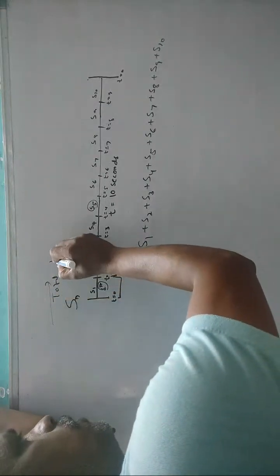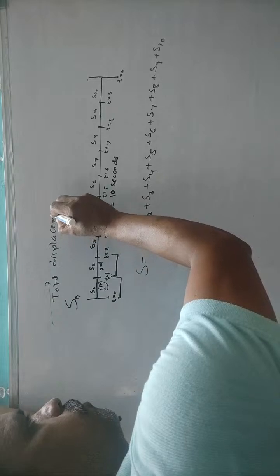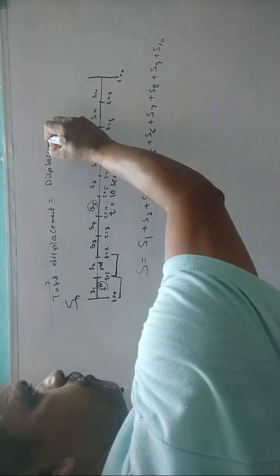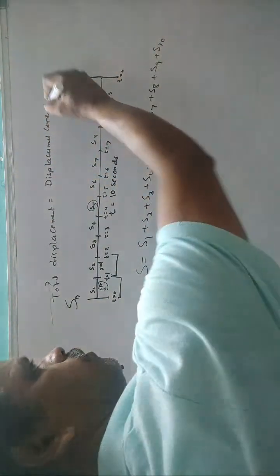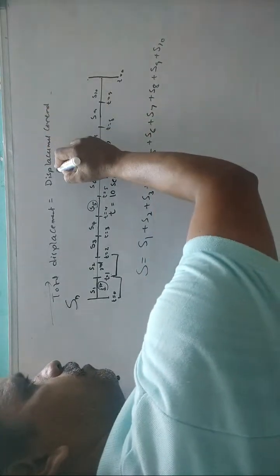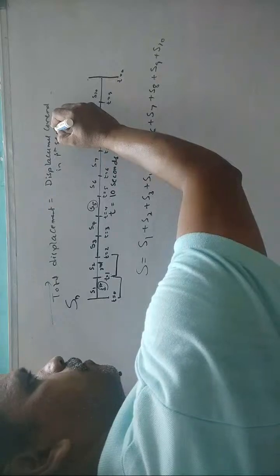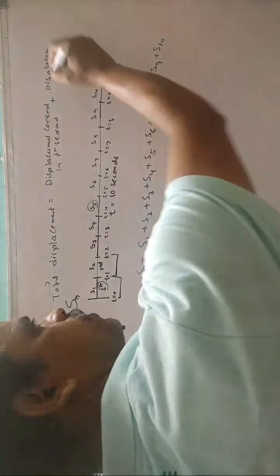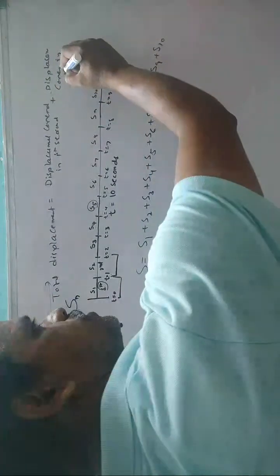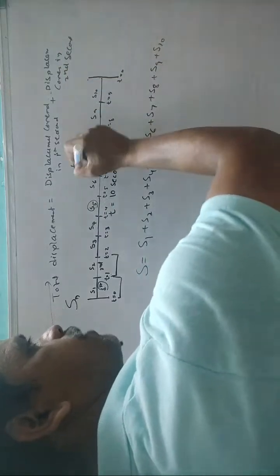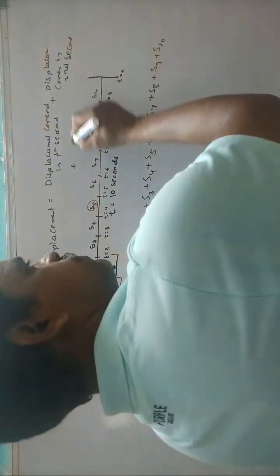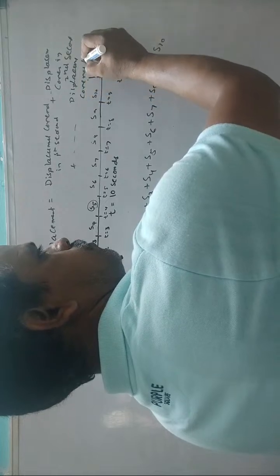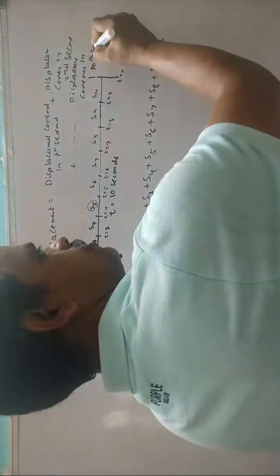Total displacement equal to displacement covered in first second plus displacement covered in second second, plus like that up to displacement covered in 10th second.